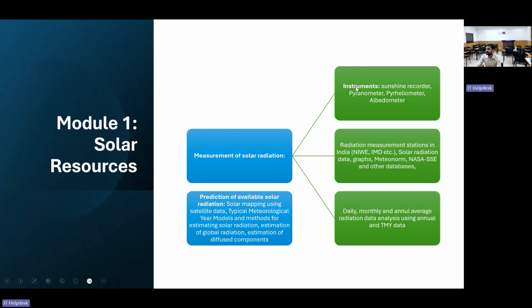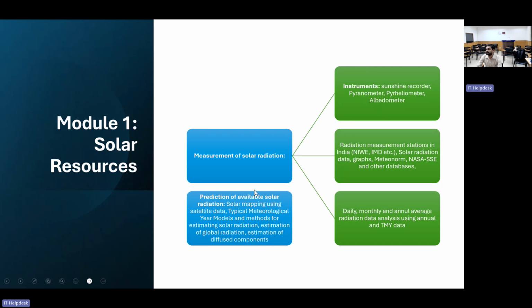We will study the different types of instruments used to capture the quantitative aspect of the solar insolation, like sunshine recorder, pyranometer, and albedometer.